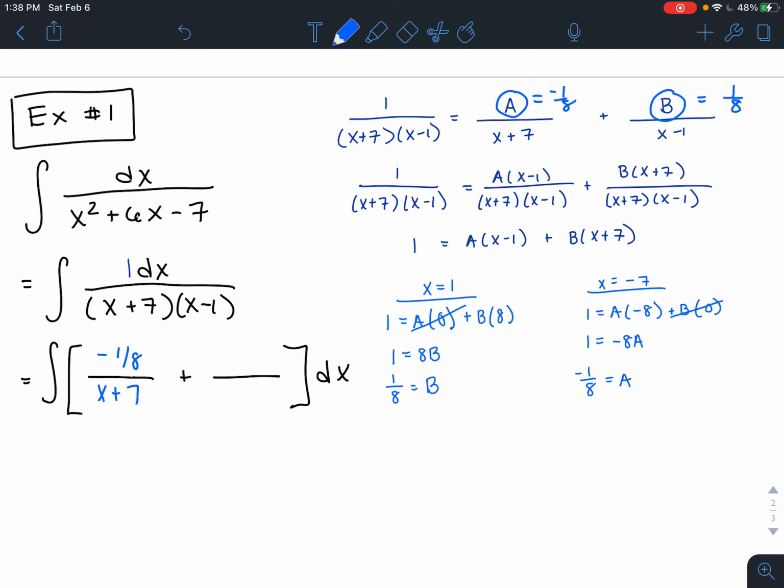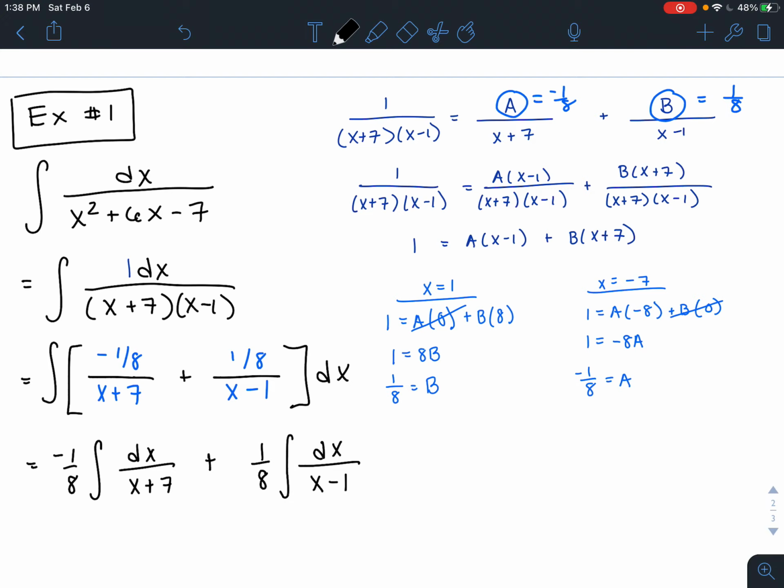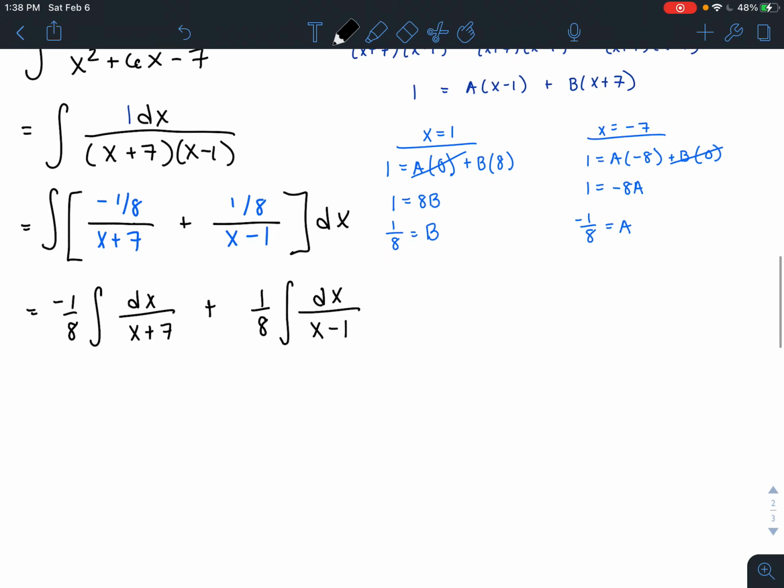I'm going to get -1/8 over x plus 7 plus 1/8 over x minus 1 dx. And then I'm going to break this up. I'm going to bring the -1/8 out and leave this as dx over x plus 7, plus bring the 1/8 out of my second integral, and I'm going to put the dx in the numerator.